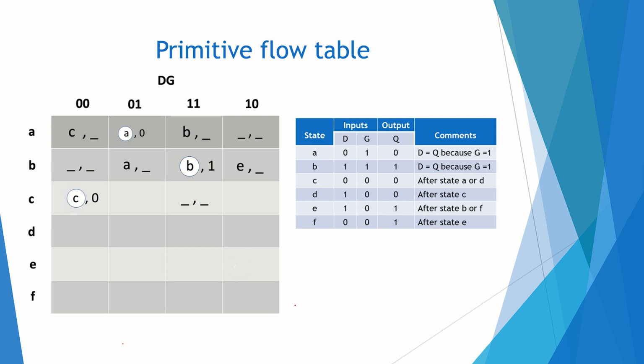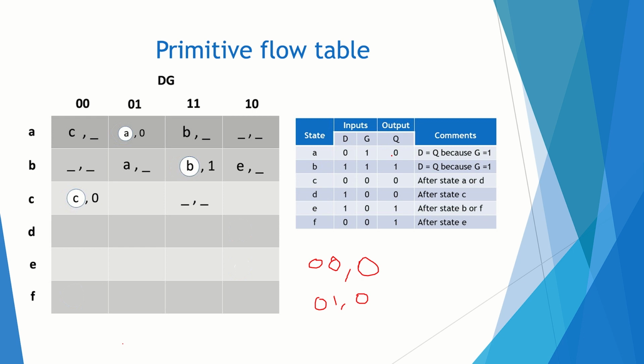And then let us see the other combinations. 0 0 comma 0 is the C state, and when it goes to 0 1, what is the value of output? When G is equal to 1, output is equal to D, that is 0. So let us see which state that is.